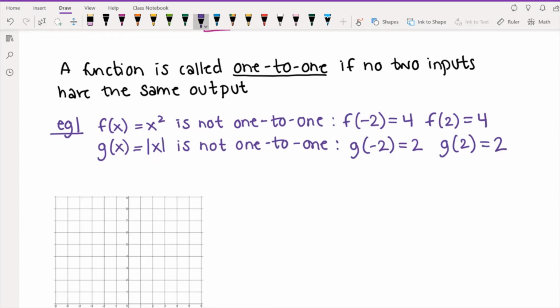So one thing I just want to point out, and I'll give you an example next that goes against this: both of these functions that I just put here are what we called even functions, right? So they have the special even property. So for these two, specifically, if you plug in the negative and positive of the same number, you're getting the same result. That does not need to be true in order to discount the function from being one-to-one.